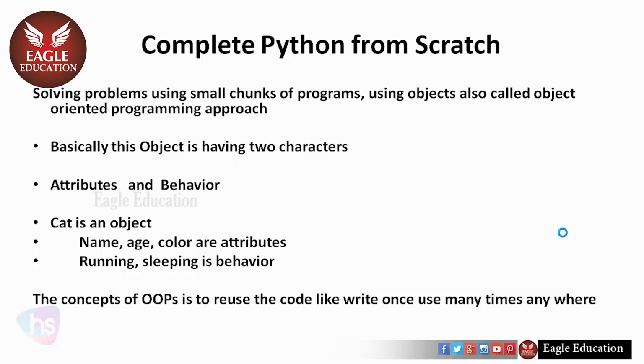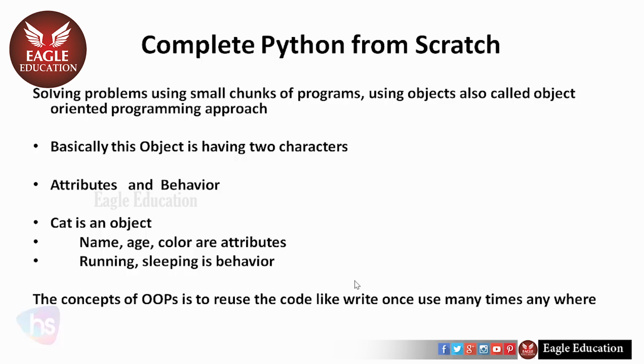Basically, these objects have two characteristics: attributes and behavior. What are these? What is an attribute? What can we call behavior? We'll see here. A cat, I can say, is an object. You can take any animal or anything as an object, and a fan also you can take as an object.